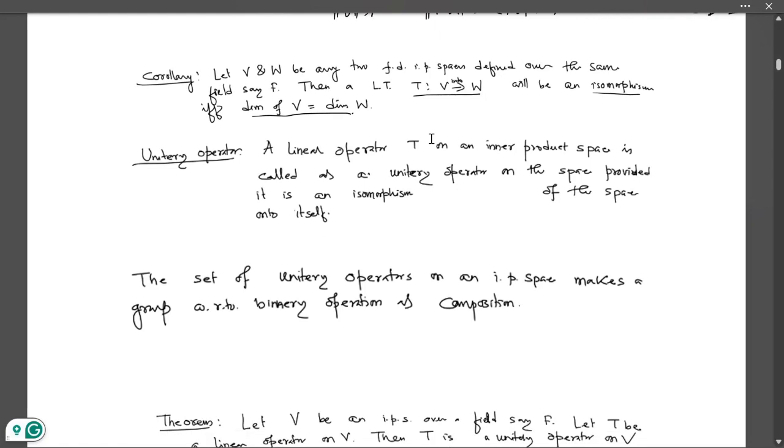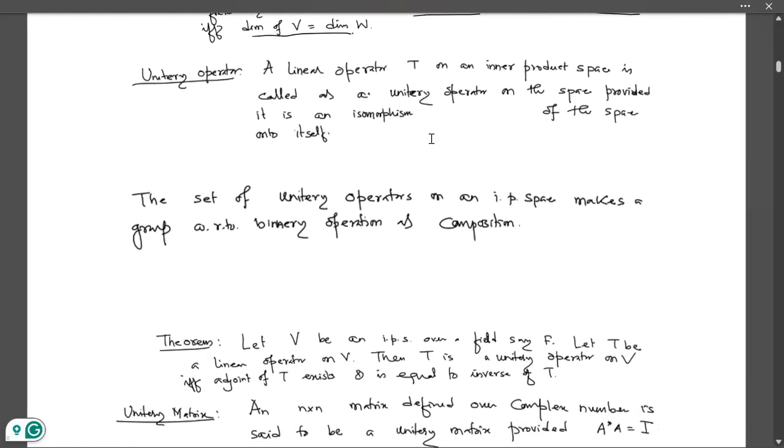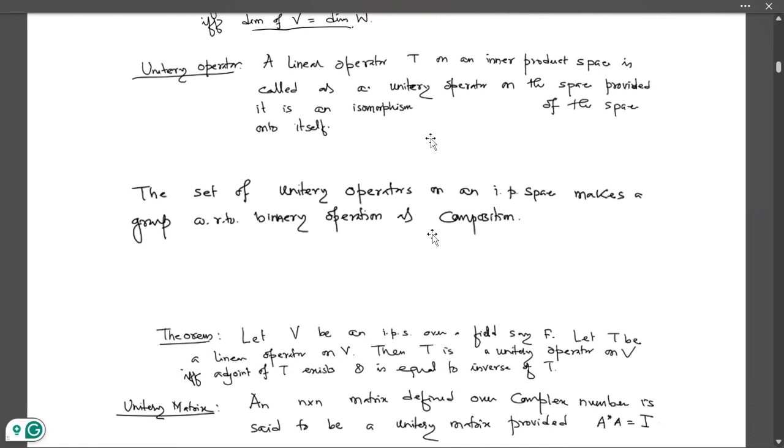Okay. So let's see next. Next we defined a unitary operator. A linear operator T on an inner product space V is called a unitary operator if it is an isomorphism from V to V itself.